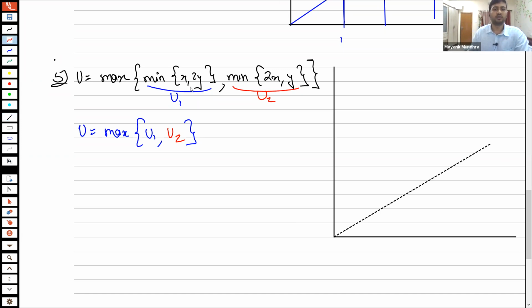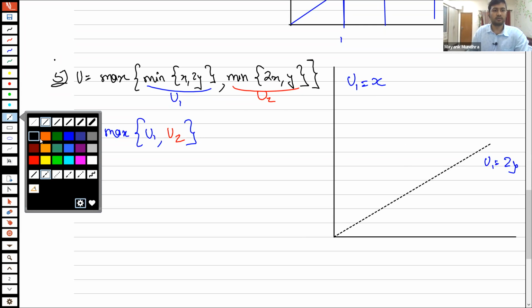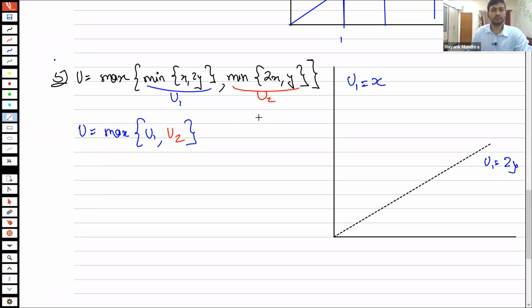Okay, so to the right, x is larger. So you would have u1 equals, the smaller value is going to be, no, sorry, u1 equals 2y. And to the left, you would have u1 equals x. All right, now for the u2, you have min of 2x and y.